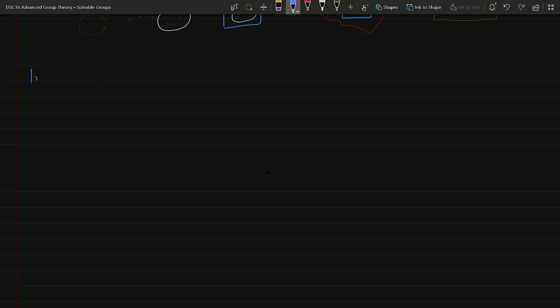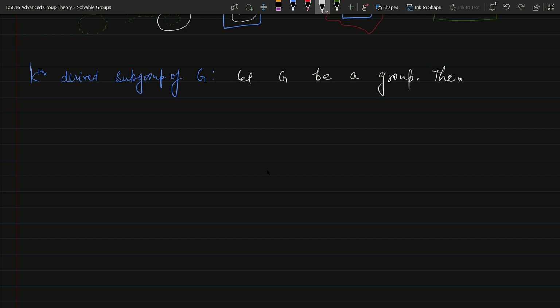So we are writing kth derived subgroup of G. So this says let G be a group. The subgroup, which subgroup?